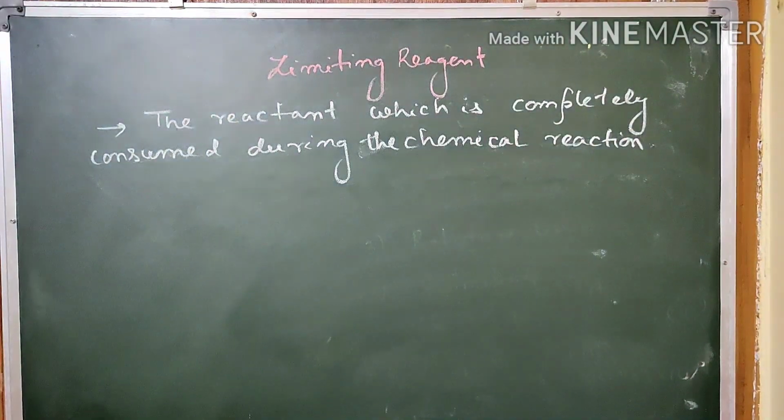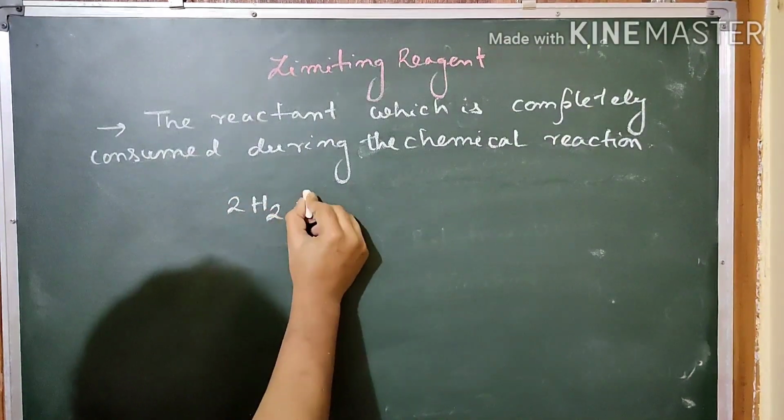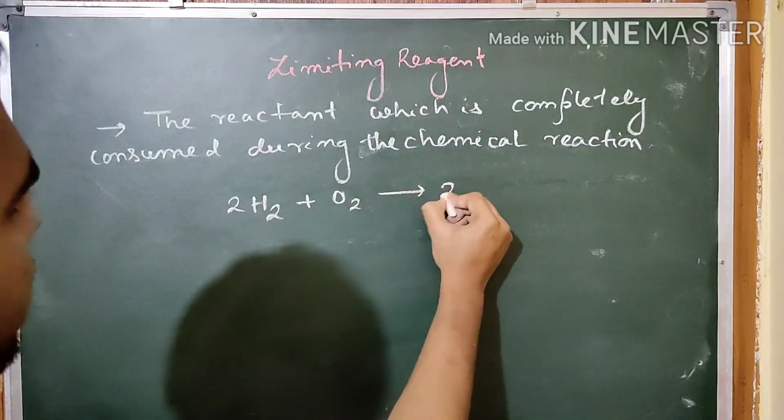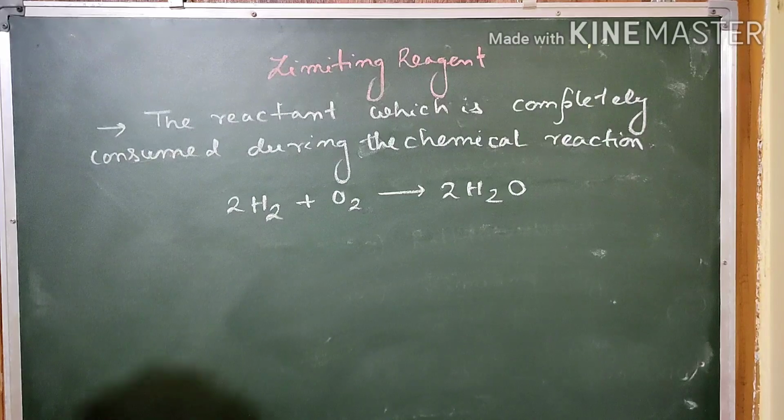Now suppose let us talk about this reaction, 2H2 plus O2 giving rise to 2H2O. So obviously it is 2 mole, 1 mole and 2 mole. In the above case, you can see hydrogen is the limiting reagent because 1 mole of oxygen is required for the completion of the reaction.